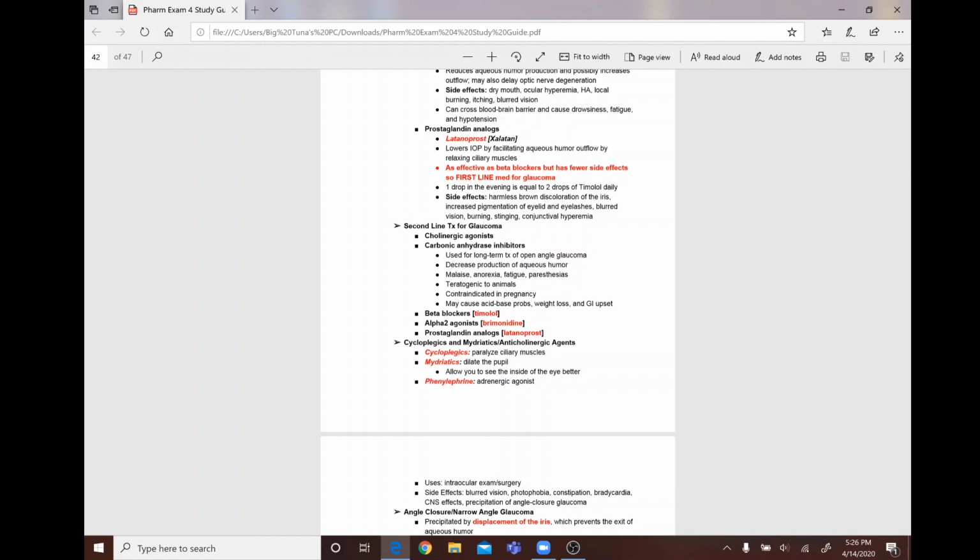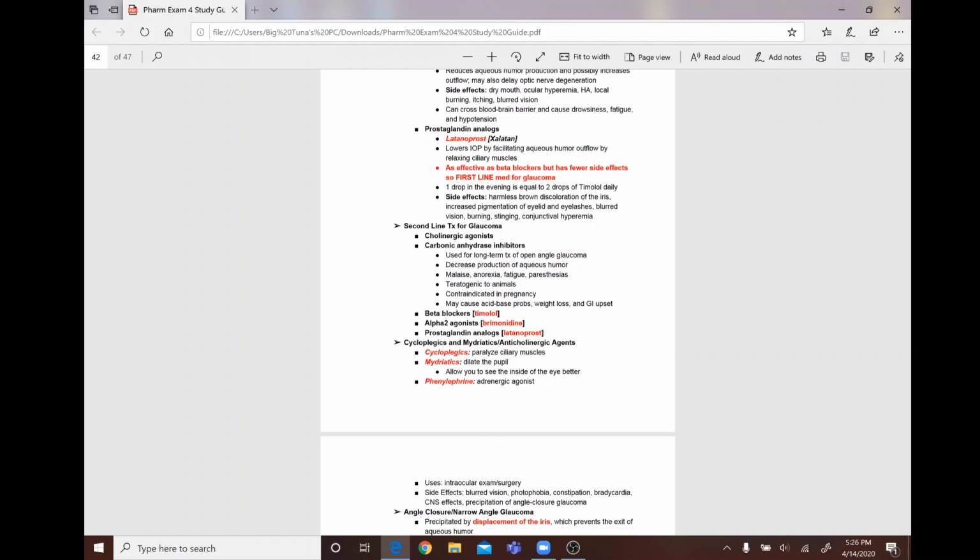What are carbonic anhydrase inhibitors used for? Long-term treatment of open-angle glaucoma. What is the mechanism of action of carbonic anhydrase inhibitors? Decreased production of aqueous humor.